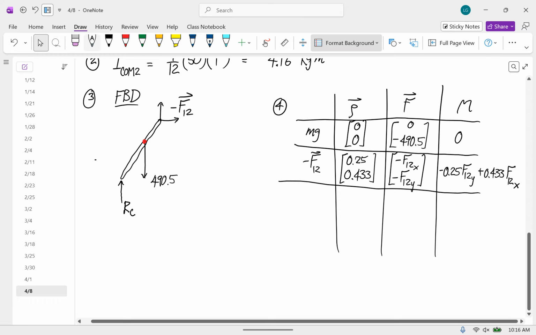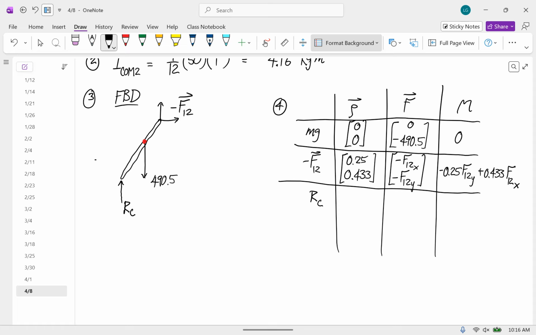Okay, and then the last one is RC. That rho vector is, well, one way you can think of it is it's the exact opposite rho vector of the one we just did, so you can just multiply by negative 1. It's the same vector, just in the exact opposite direction. Or you could think of it as 60 plus 180 gives you 240.